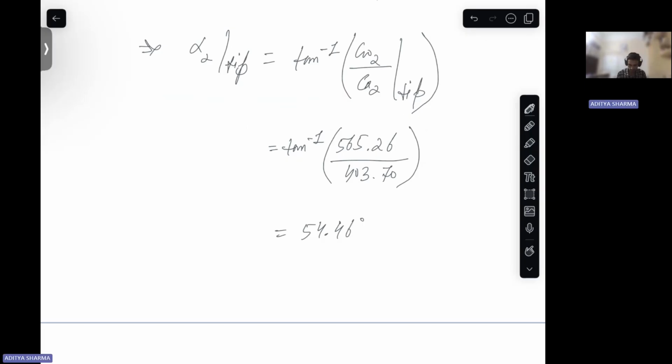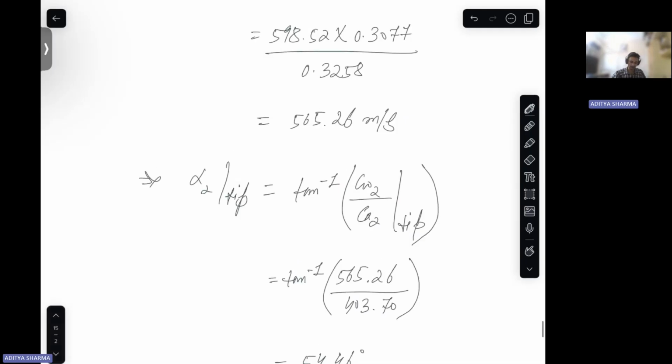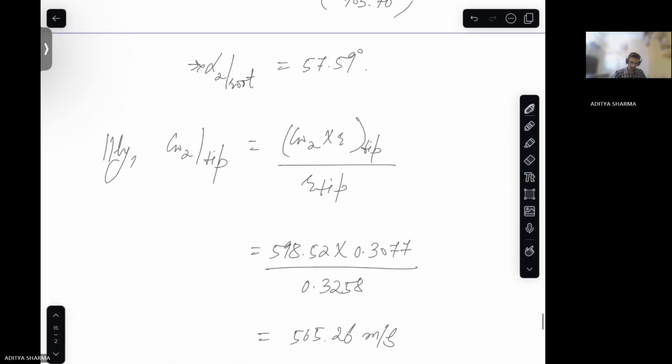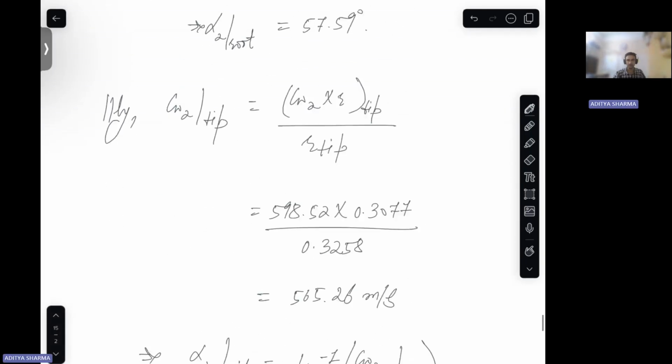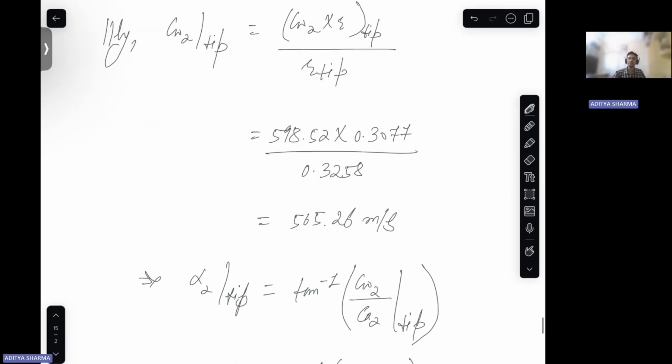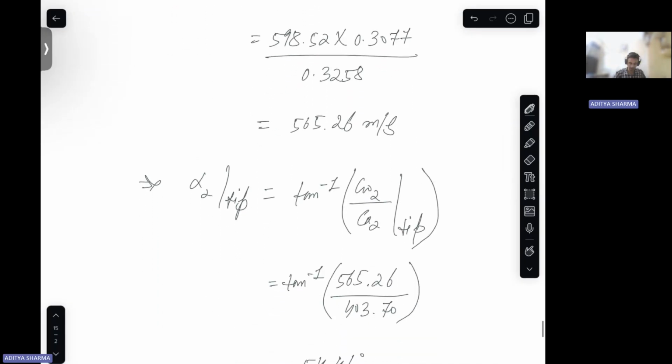This will come out to be 54.46 degrees. So this is then the absolute velocity angle at the tip. So at the tip it is 54.46, at the root it is 57.59, and at the mean position it is 56 degrees.